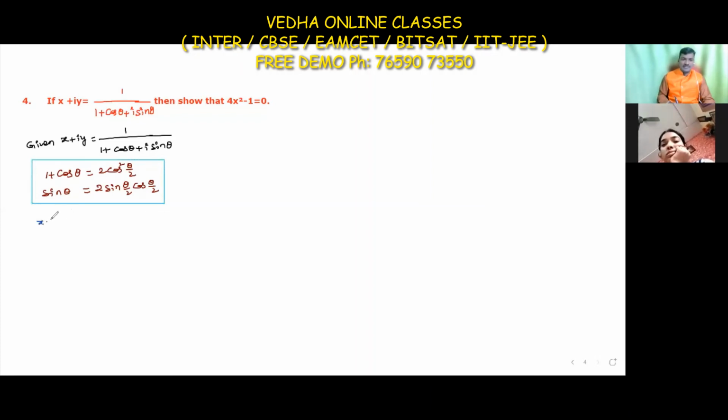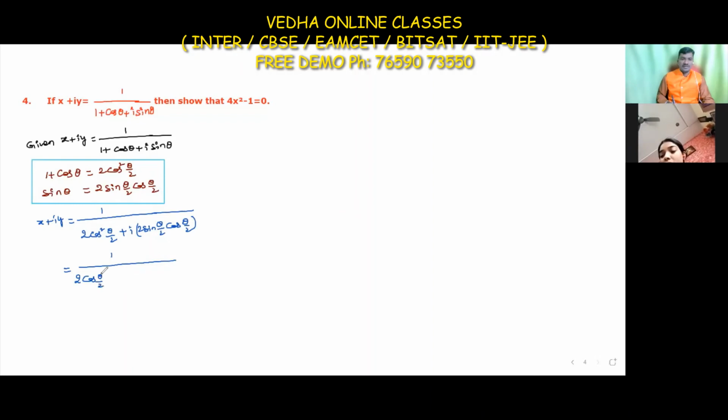Then x plus iy is equal to 1 divided by 2 cos square theta by 2 plus i into 2 sin theta by 2 into cos theta by 2. Now 2 cos theta by 2 is common in both.